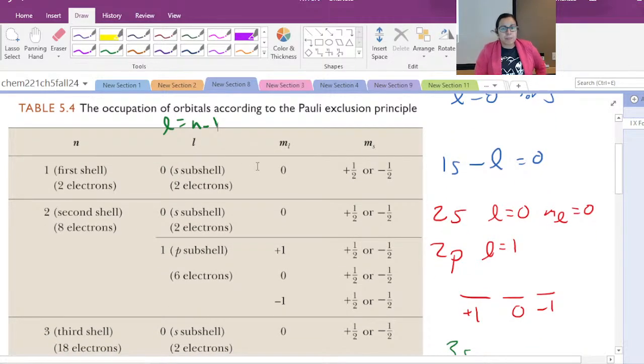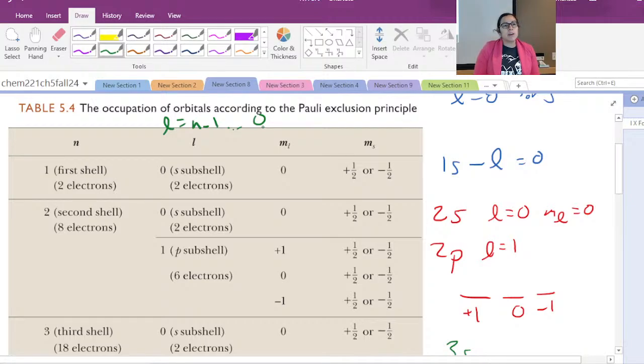It's possible for any integer, as long as it's 0 or above, including 0 and up to 1 less than N. Is it possible for L and N to have the same value?